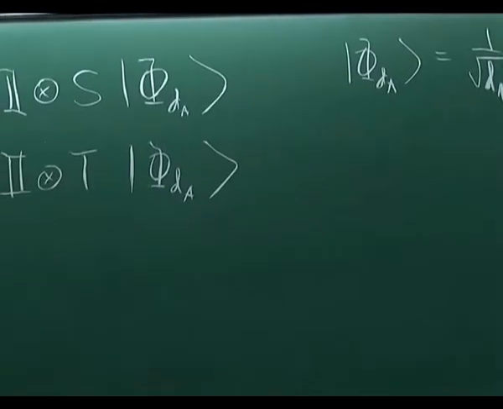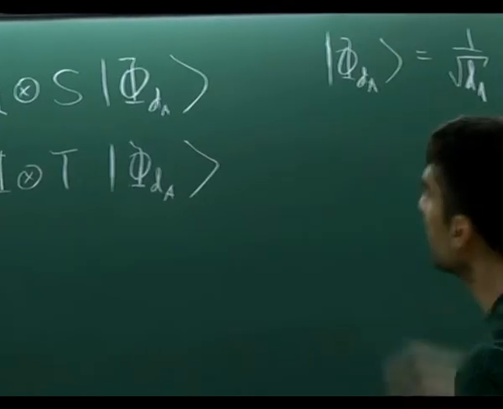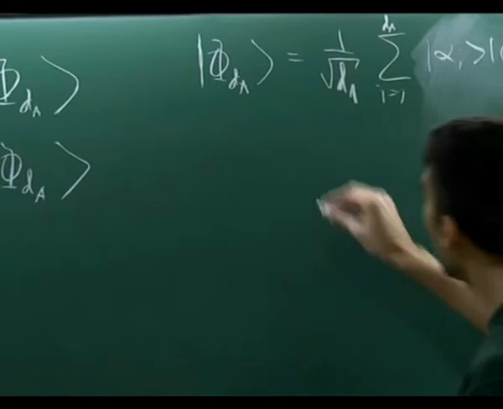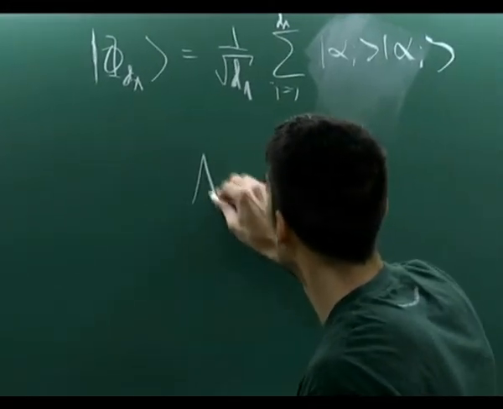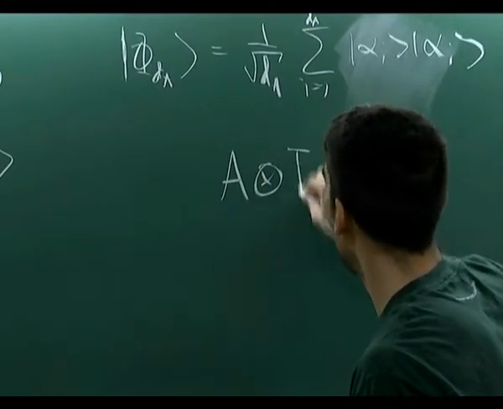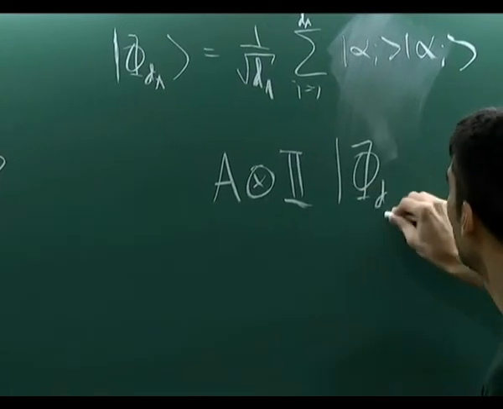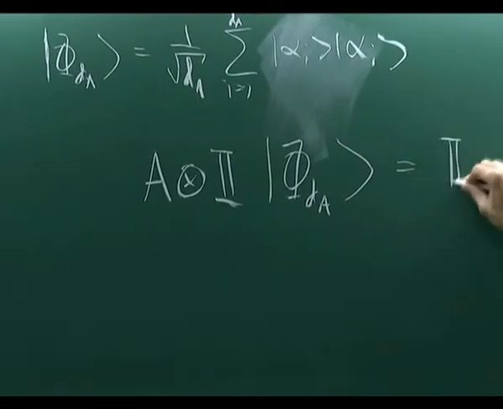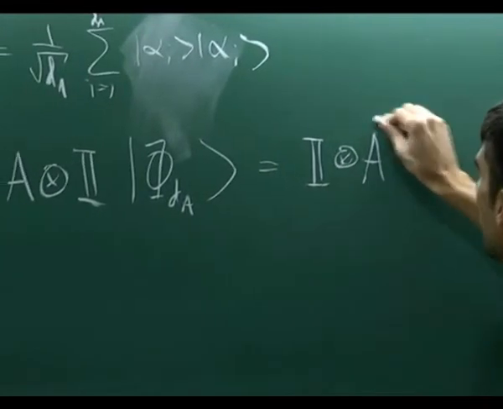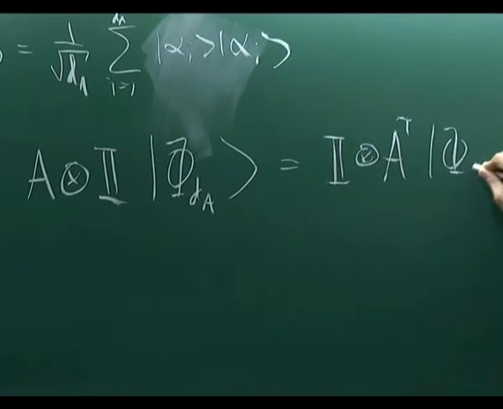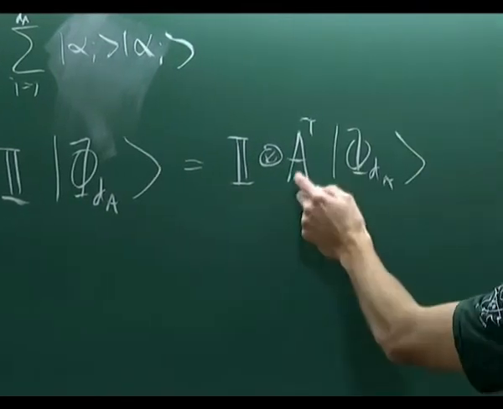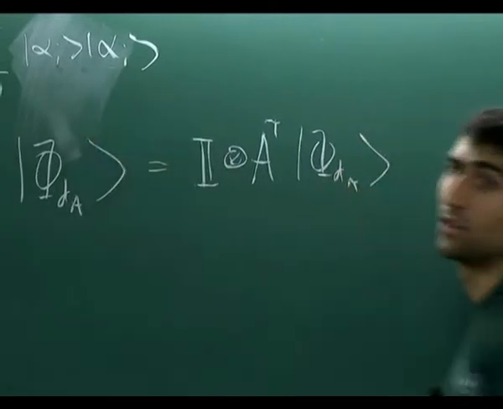Okay, so we've chosen some basis alpha I here. And there's this nice property, which you can verify, that if you take any matrix A and you act on Alice's side, this is equivalent to taking A transpose on Bob's side. And this transpose is with respect to the basis alpha I that you've chosen.